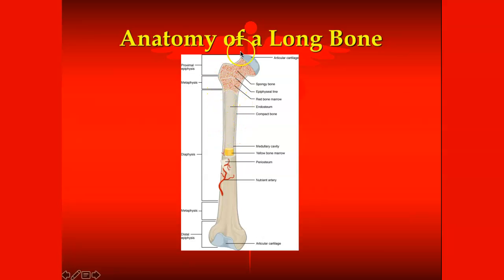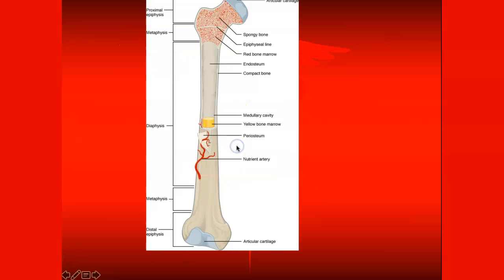Our entire bone is protected by a layer of periosteum. Inside the medullary or hollow cavity of our shaft, we have yellow marrow, which stores energy. And then in our epiphyses, we have spongy bone that is filled with red marrow where we make blood cells. And then the diaphysis is surrounded by compact bone.